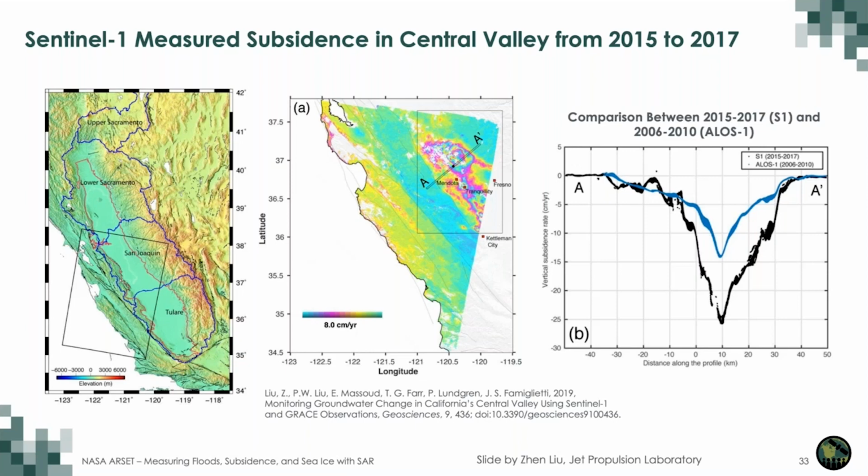Drought comes and goes in California, and that's one of the reasons that the groundwater extraction rates vary dramatically between one year and the next, depending on how much rainfall there was.